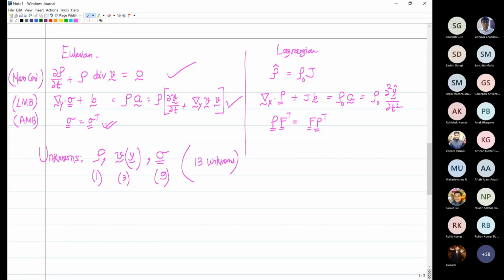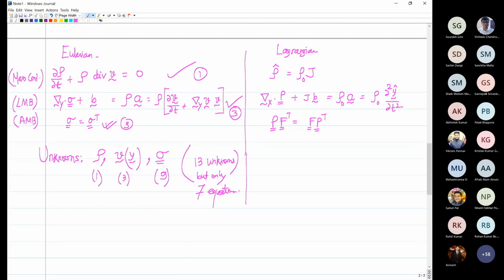So it gives you 3 equations. This is 1, this is 3, and this is also 3. So 13 unknowns, but only 7 equations. Okay, so we are still short of equations, right? We still need 6 more equations if we really want to solve this.